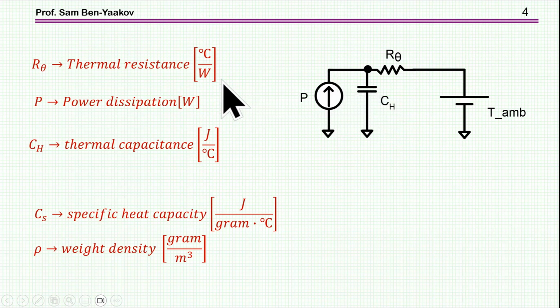So the parameters we are concerned with here are the thermal resistance, which is emulated by a resistor, the power by a current source, and the thermal capacitance by a capacitor, and the units here are joule per degree centigrade. For getting this information, you need to know the material, the weight, and the specific heat capacity so that you can find out the thermal capacity.